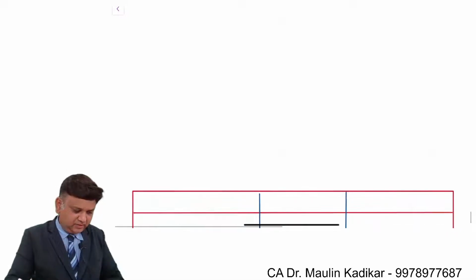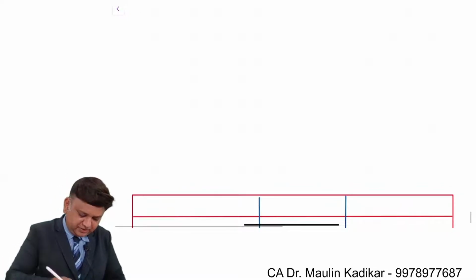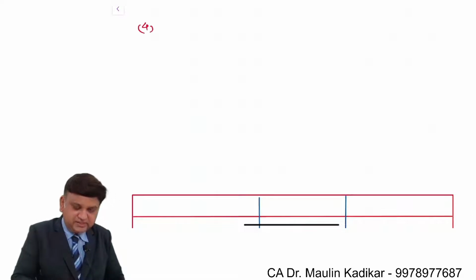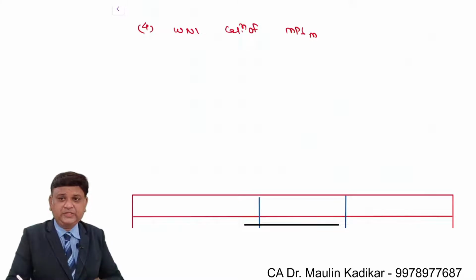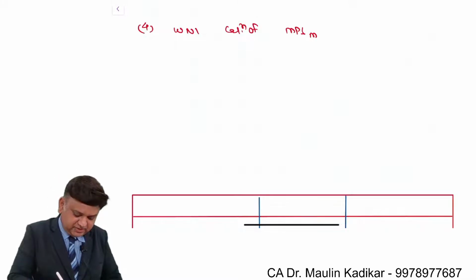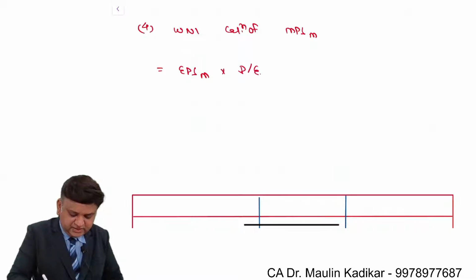So friends, for the fourth part of the question, we are required to work out the answer like this. Working note number 1, calculation of the MPS of the merged firm. As far as the MPS of the merged firm is concerned, it is EPS of the merged firm into price earning ratio of the merged firm.